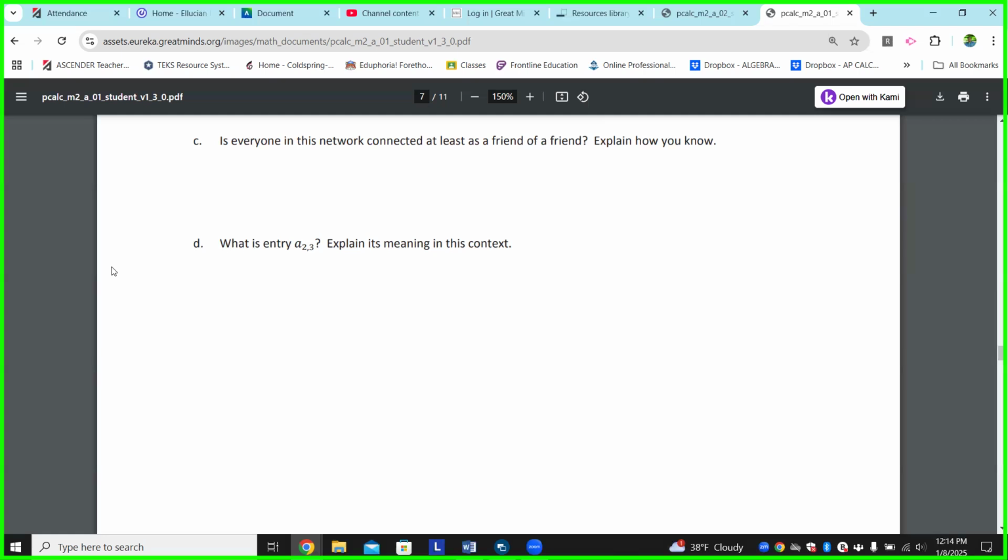Oh, I see. Okay. So, it means just one friend. So, there has to be one friend in between. So, not multiple friends. You said 2 can't get to 8 because of 1, and that's just one friend. So, is there anybody that doesn't have at least a friend of a friend? So if you go through two friends, that's too many friends. Only one friend in between.